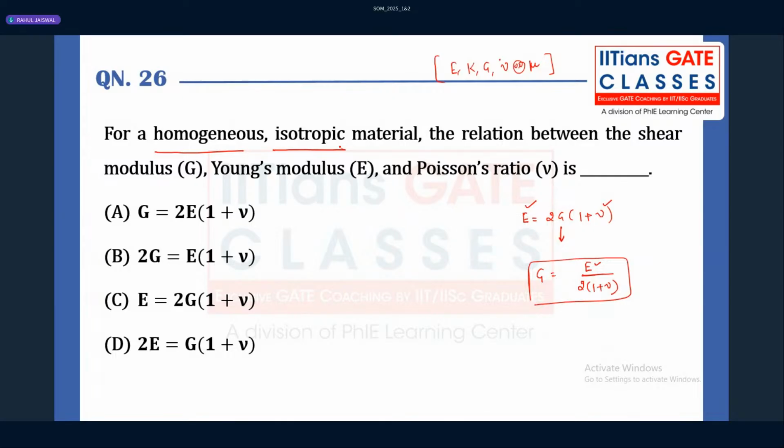So what is the correct option? C will be the correct option, according to this relationship between E, G and mu. Can you please check it out? If any doubt, you can mention it in the chat section.